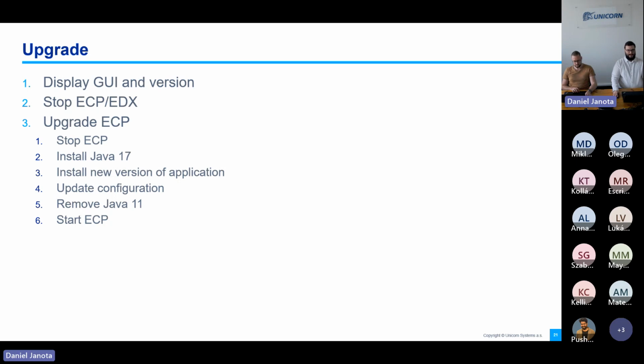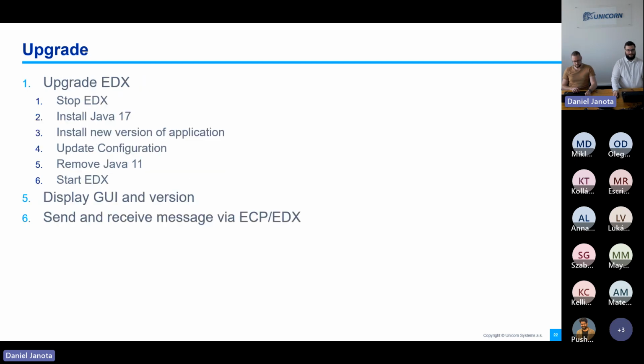So we'll do that, then update the configuration, remove old Java and start the application. The same procedure for EDX toolbox as well. Then we will again check the GUI and versions and try the messaging.